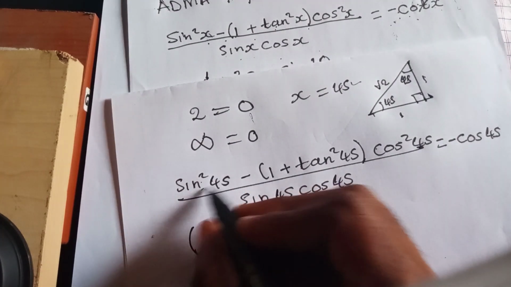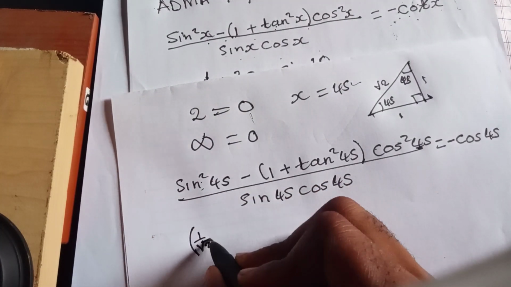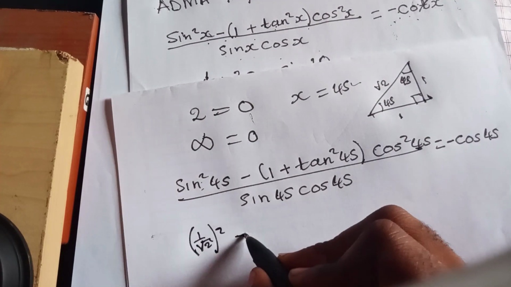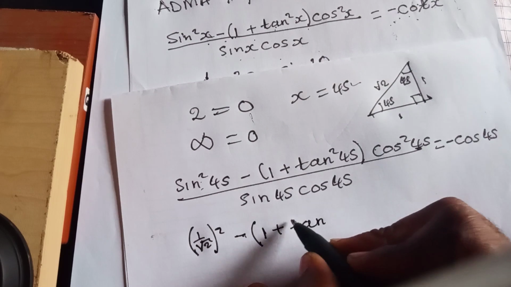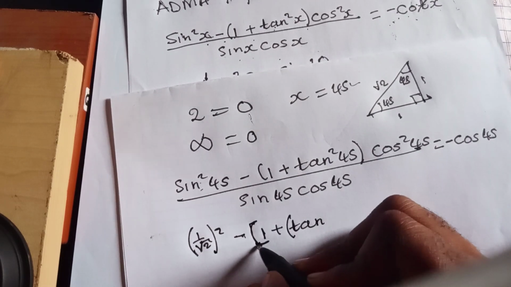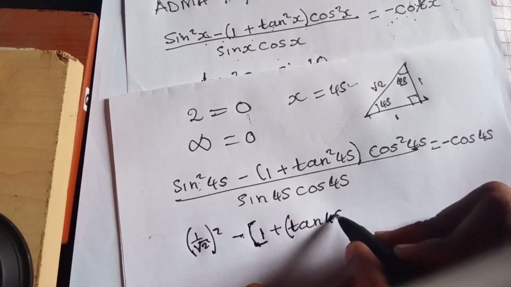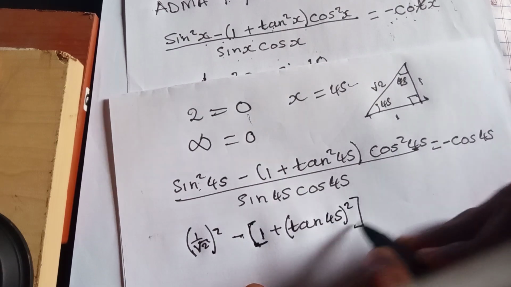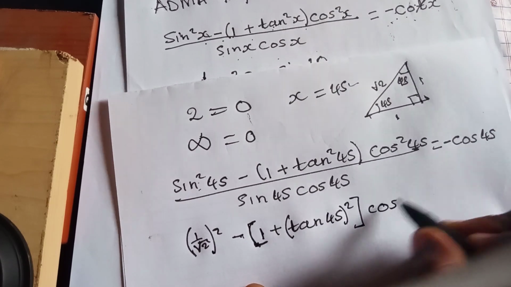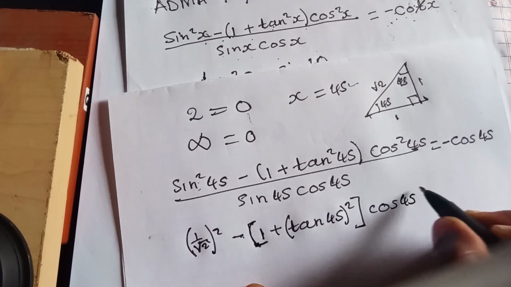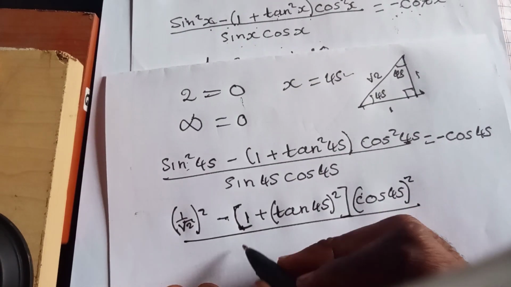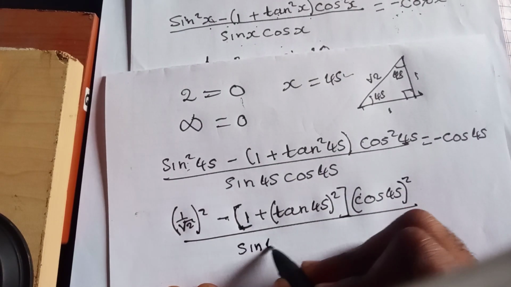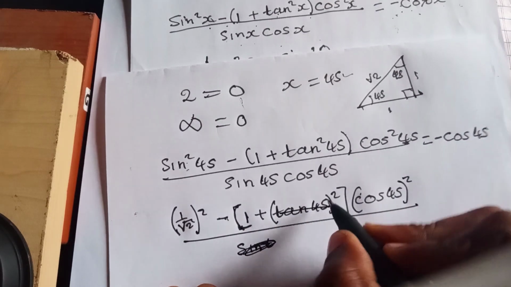So (1 over root 2) squared, minus 1 plus [tan 45 squared] and then cos 45 squared, everything over sin 45 cos 45.